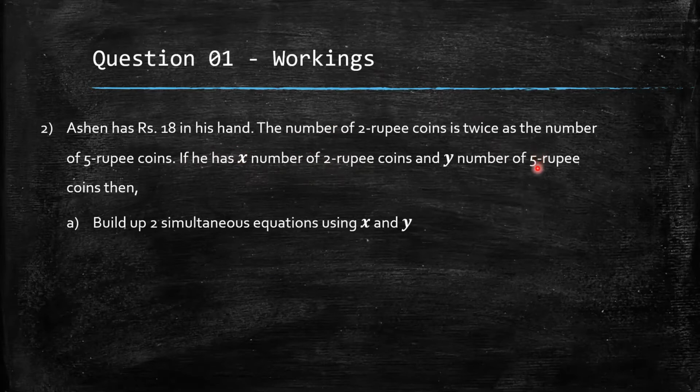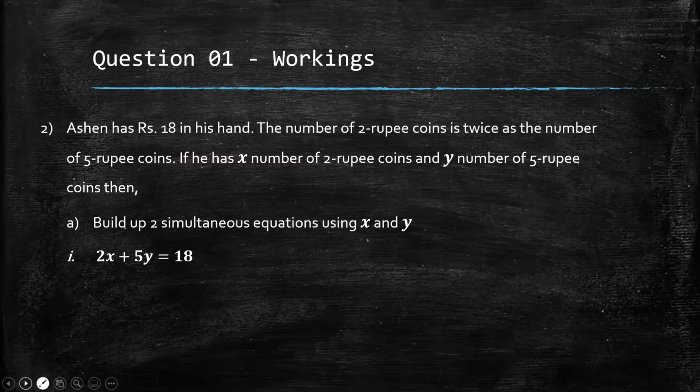Similarly, he has y number of 5 rupee coins and the value of one 5 rupee coin is 5, so the total value of the 5 rupee coins is y times 5. So 2 times x plus 5 times y will be equal to the total value in his hand, which is rupees 18. So 2x plus 5y equals 18. That will be our first equation.